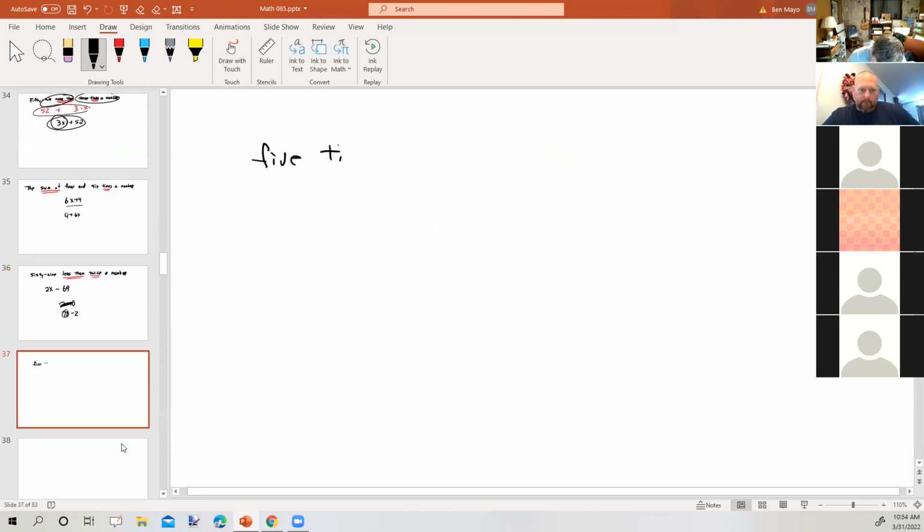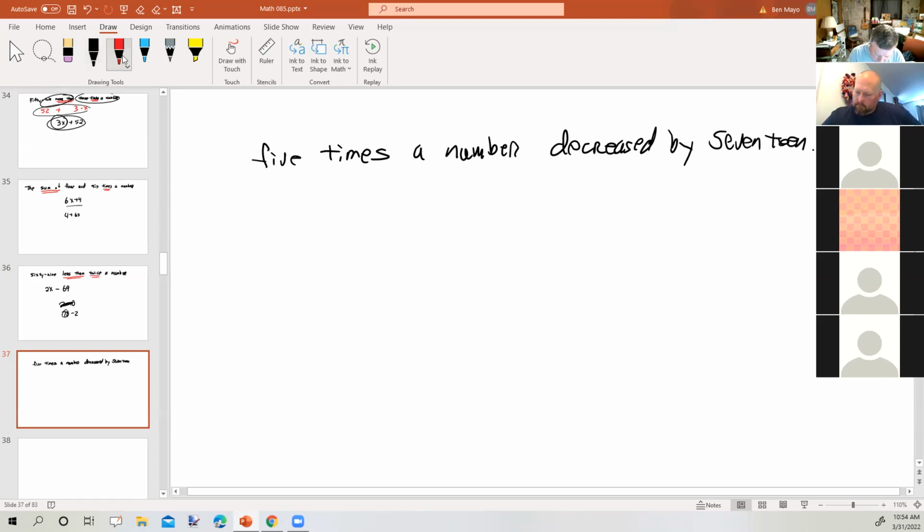Let's see here. 5 times a number decreased by 17. Okay, so the key words are times and decreased by. What does times mean? What operation?